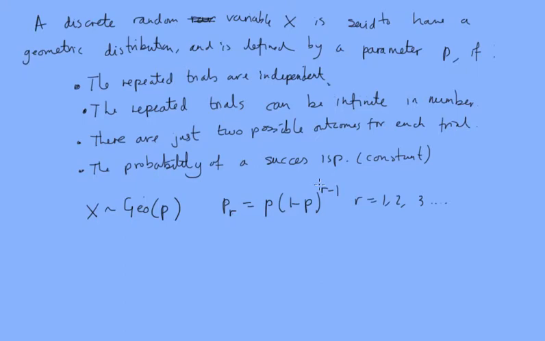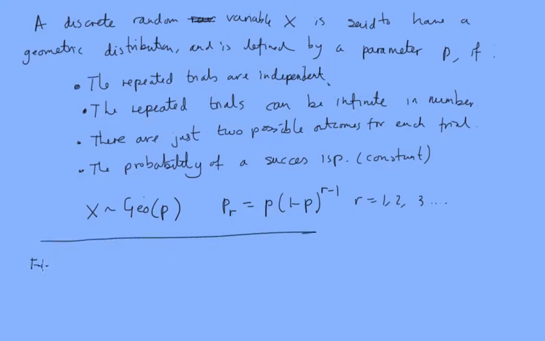Binomial and geometric distributions arise in very similar situations. The significant difference is that the number of trials in a binomial distribution is fixed from the start, and the number of successes is counted, whereas in a geometric distribution the trials are repeated as many times as is necessary until the first success occurs.